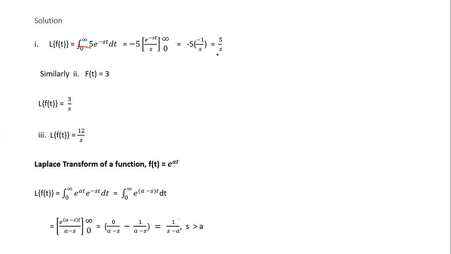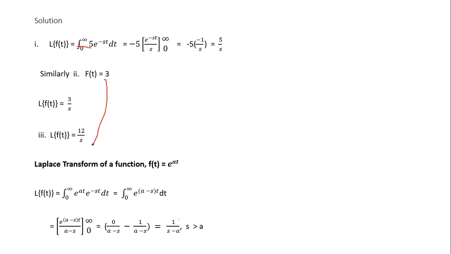So we see that when we are transforming f of t equals a, the result is a over s. Now when we are transforming f of t equals 5, our a is 5, so we get 5 over s. The same thing here, if we have f of t equals 3, then a is 3, so we are going to get 3 over s.